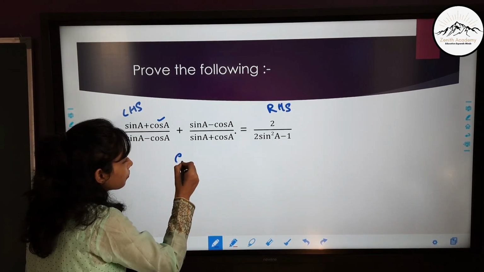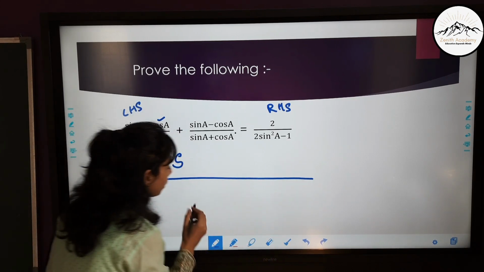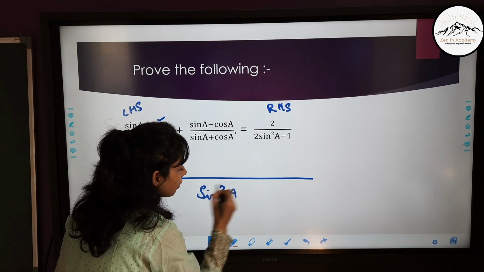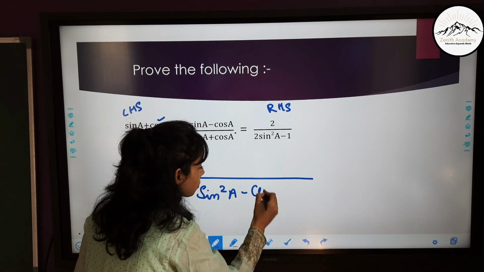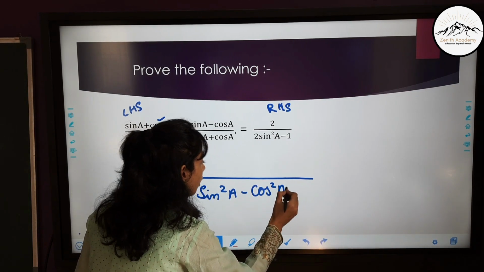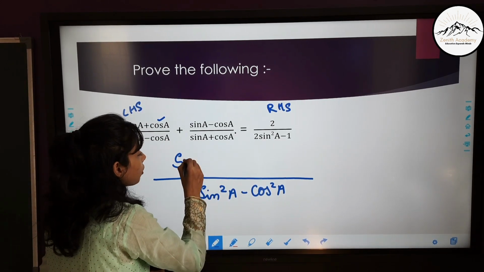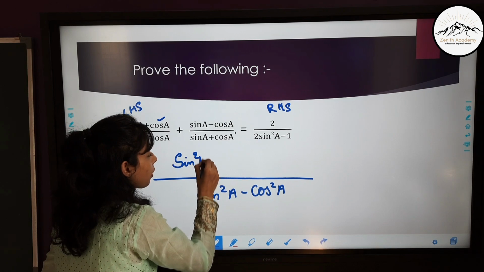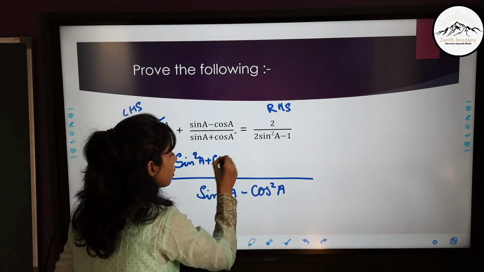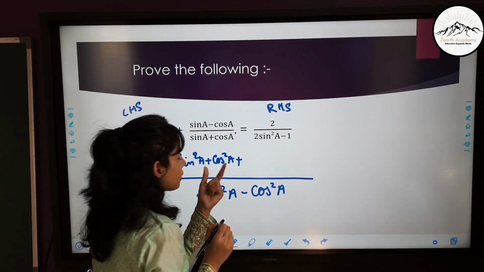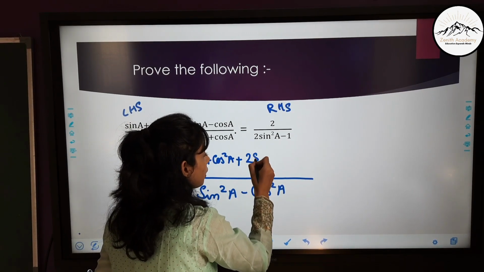For the denominator we know it was A square minus B square, so let us write sine square A minus cos square A. And for the numerator, when we open the brackets, it will be sine square A plus cos square A. Since it is plus, it will be 2 sine A cos A.